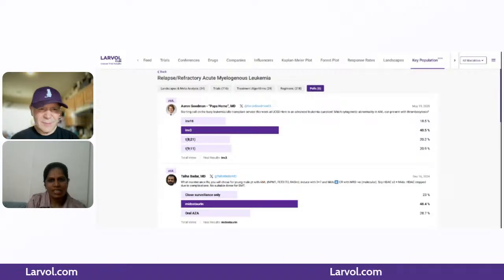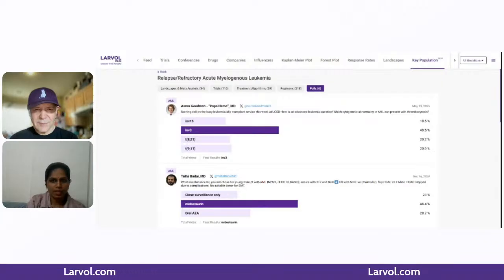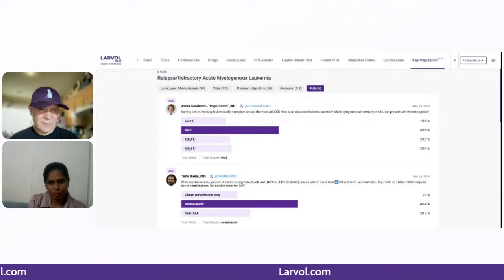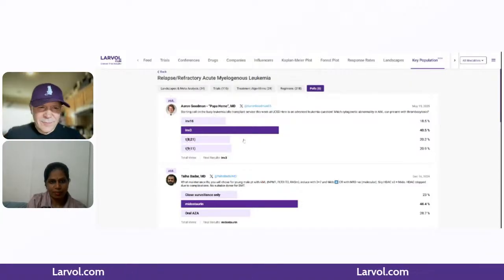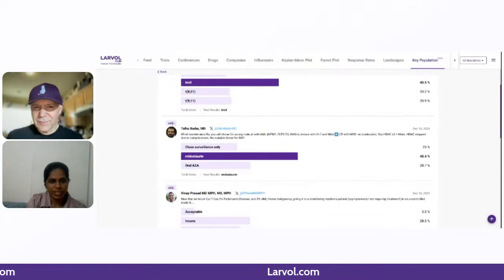So these are certain polls which we have extracted from X. And I can say probably we are the only database that has the polls collated and defined for the specific populations. For example, here, this specific poll is for only AML. So we define it as well.